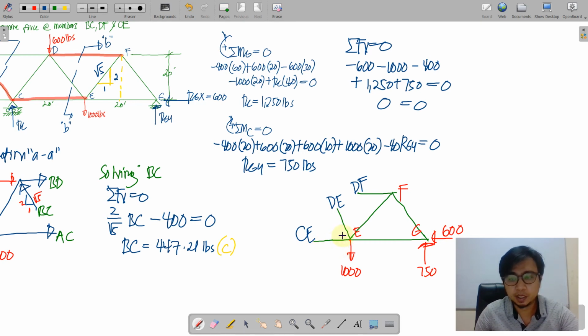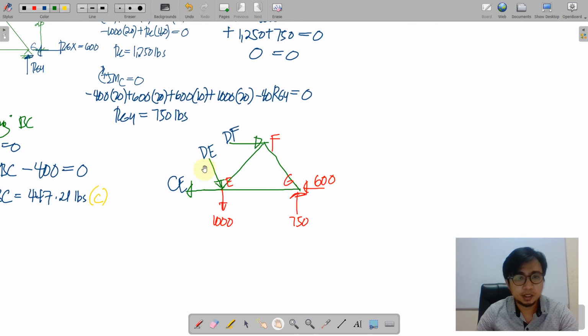We need again to assume direction. I'll just assume CE to be a tensile force, DE to be compressive, as well as DF to be compressive. So we are solving actually for DF and CE.